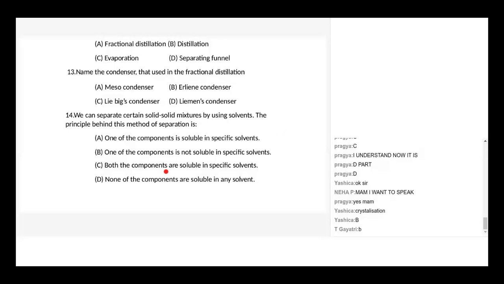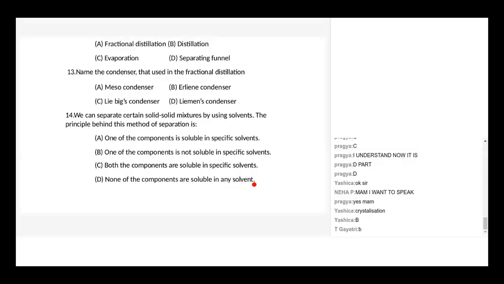Yes or no? One of the components is soluble in specific solvents. One of the components is not soluble in specific solvents. Both the components are soluble in specific solvents. None of the components are soluble in any solvent. What is the answer?